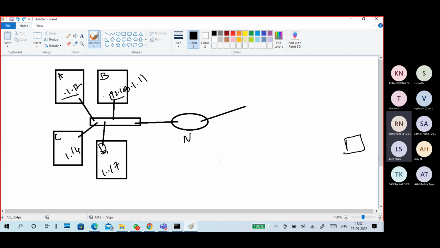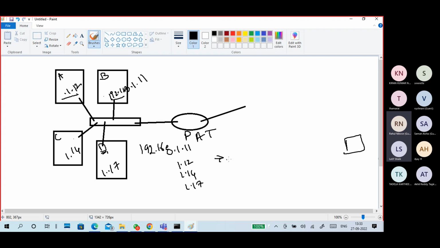So what people are doing here is they started a technique called the PAT technique. What is this PAT technique? I have multiple private IP addresses, 192.168.1.11, 1.12, 1.14, 1.17.